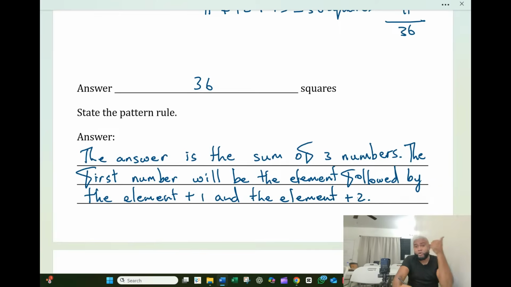Everybody good there? No, it's plus 1, then plus 2.